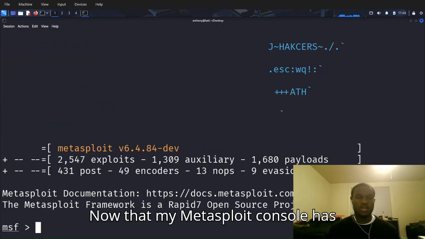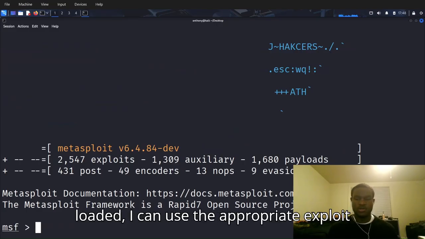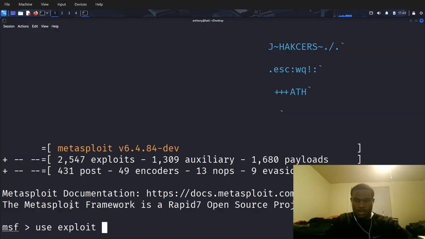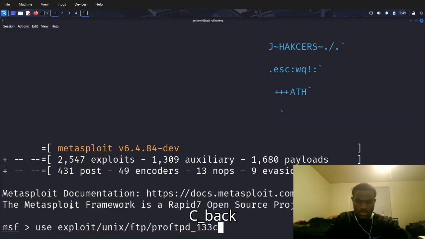Now that my Metasploit console has loaded, I can use the appropriate exploit module for this exploit, which would be: use exploit/unix/ftp/proftpd_133c_backdoor.